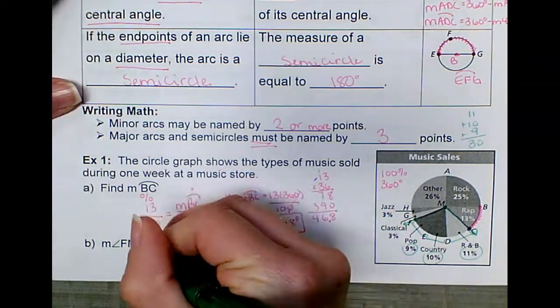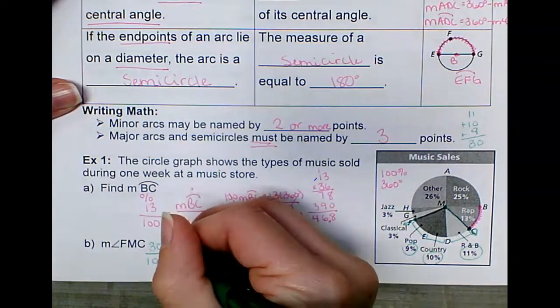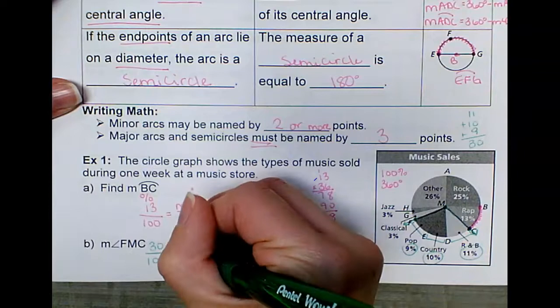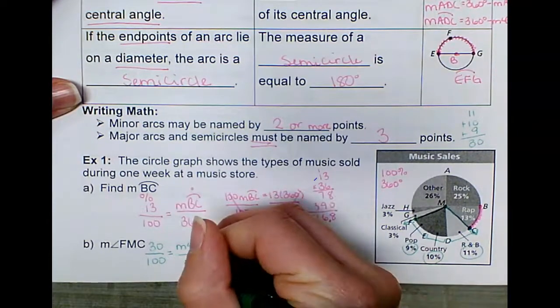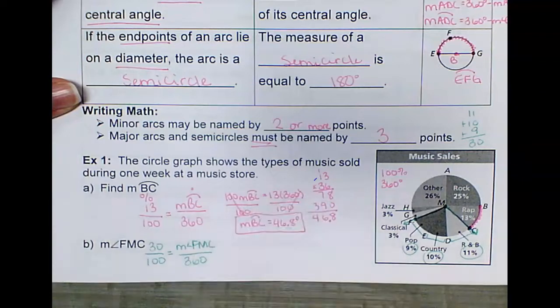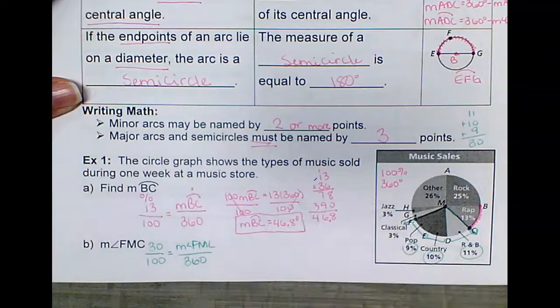30% over the whole, so a part over a whole, equals my missing measure of angle FMC in degrees over the whole amount of degrees. And this is an excellent example of why it's best not to multiply before you simplify.